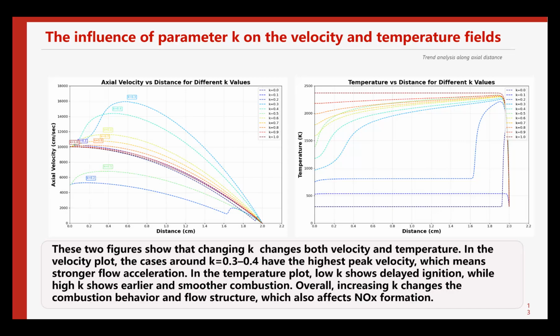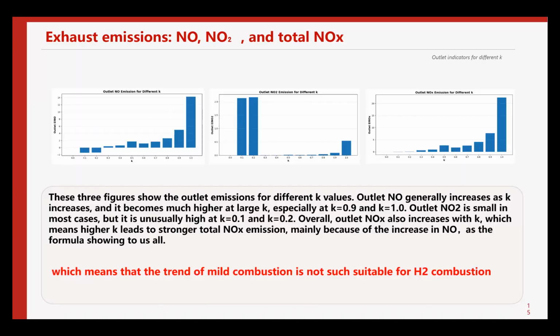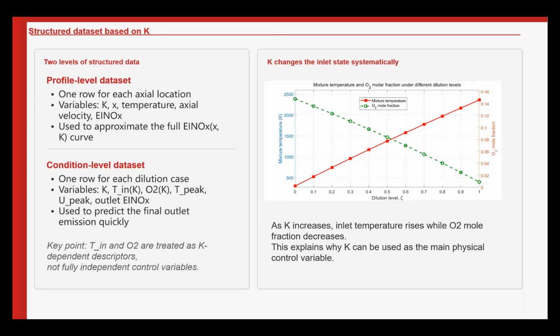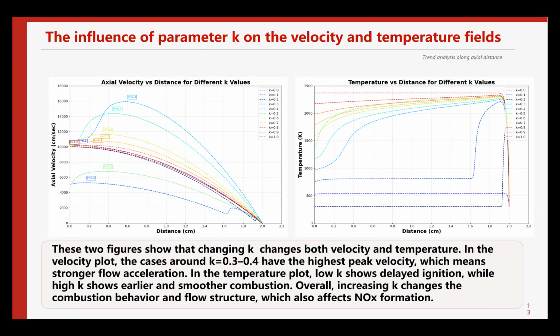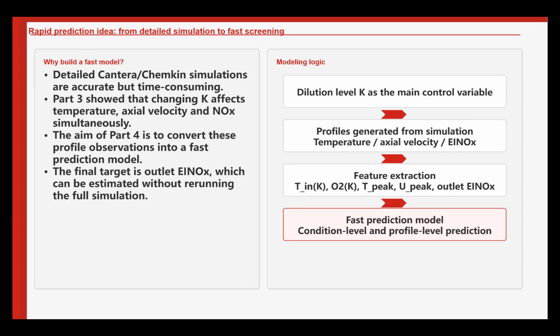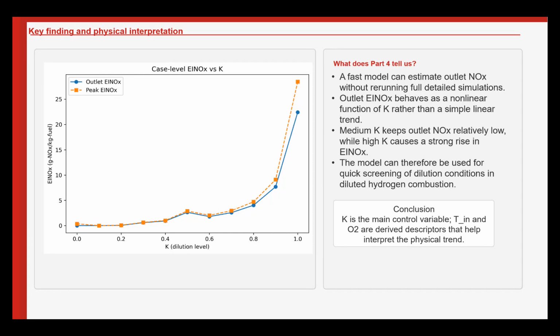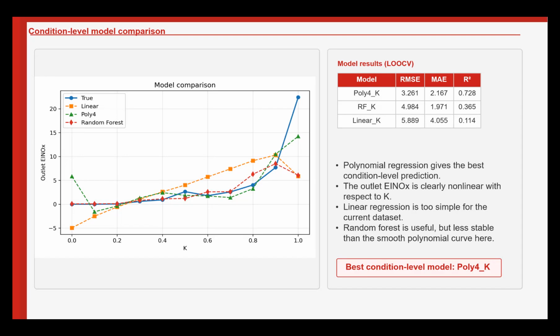Second, the dilution parameter K has a strong influence on velocity, temperature, and NOx. In general, higher K leads to higher NOx. And third, I built a rapid prediction model for outlet NOx. This result showed that polynomial regression works better than linear regression and random forest for the dataset.